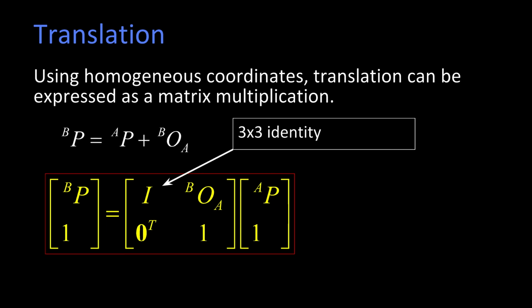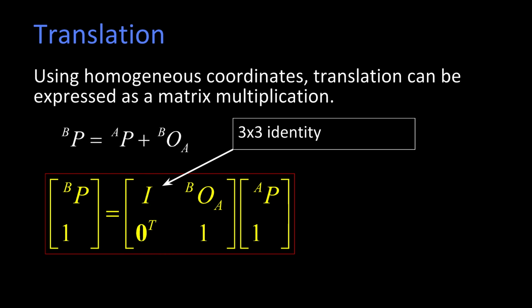First of all, that I, that's a 3 by 3 identity matrix, and O_A in B is a 3 by 1. This is a 4 by 4 matrix, which means that this vector down here is actually a 0 vector of length 3 transpose, so it's 3 zeros in a row. It's actually 0, 0, 0, and this is 1. That's clear, isn't it? That's why we draw it this way, okay?